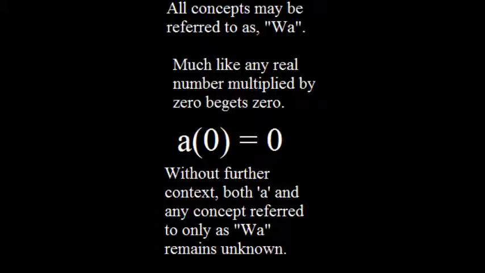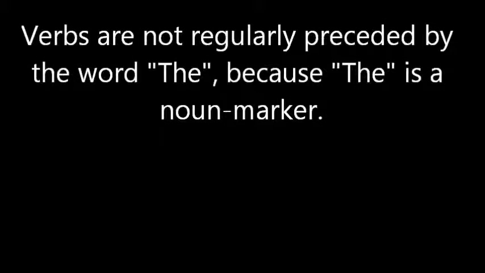For instance, in English we can use a phrase such as, "the dew collects." And since verbs in English are not usually preceded by the word the, we take this to mean that the word do, used in the sentence, is not a verb.